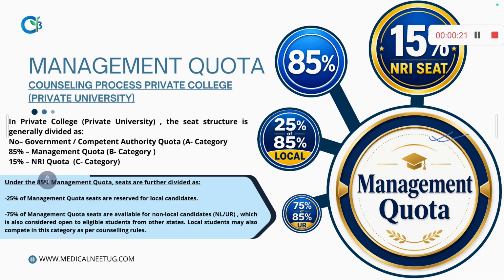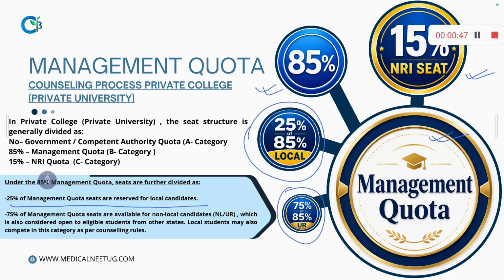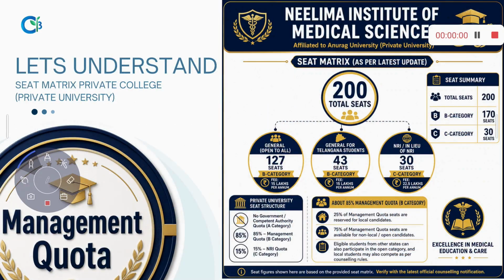In this, 15% will be the NRI seats and 85% of the total seats will be for the management category. In that 85%, only 25% of the seats are reserved for locals, and 75% will be unreserved. So let us see how the seats are divided.